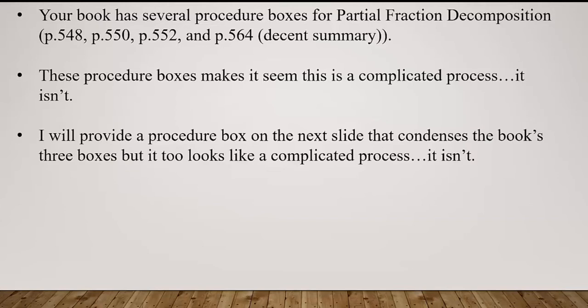I actually believe it's going to take 2 slides. I'm going to attempt to condense the book's 3 boxes, pages 548, 550, and 552, into one box. But honestly, what I'm going to give you next, it too is going to look like a complicated process.